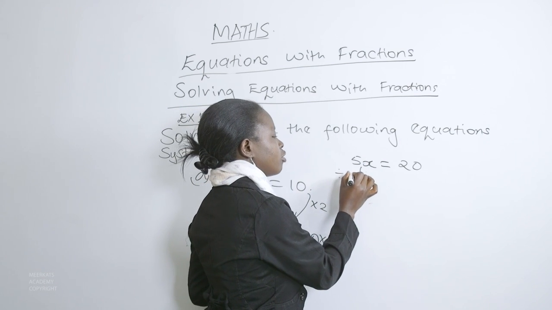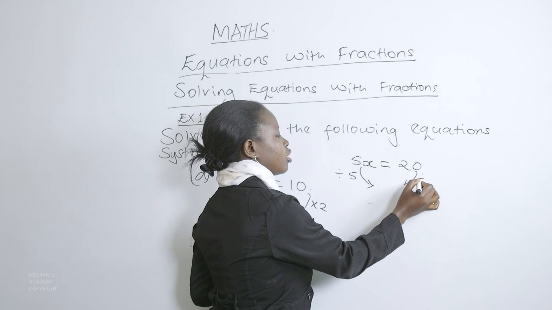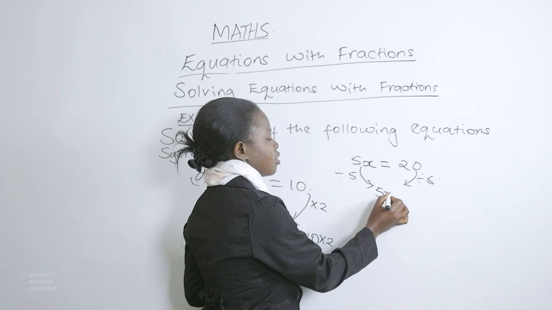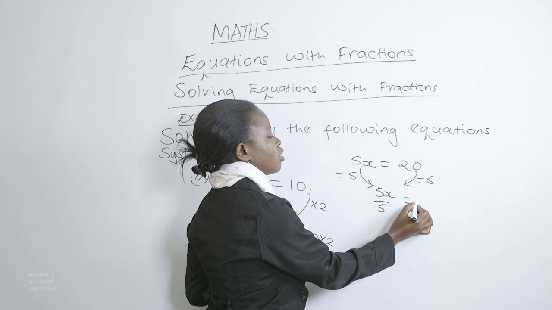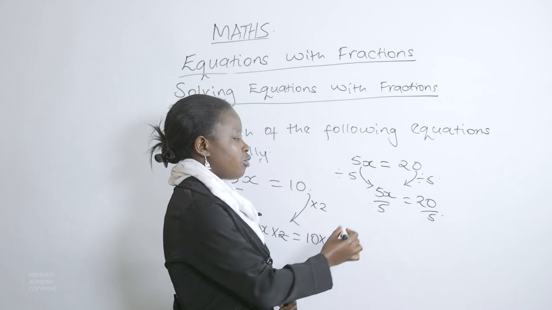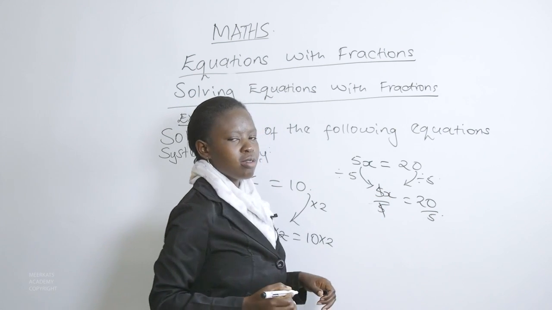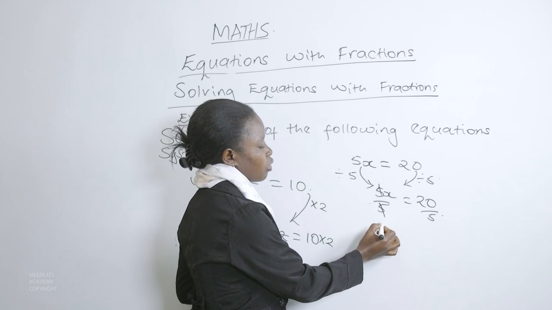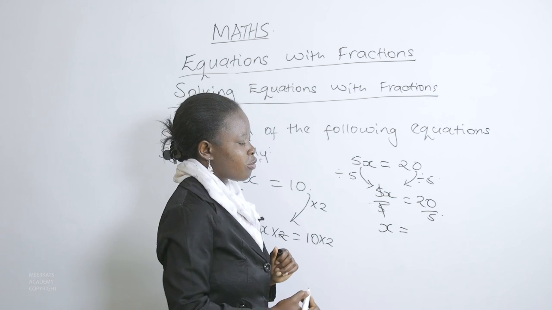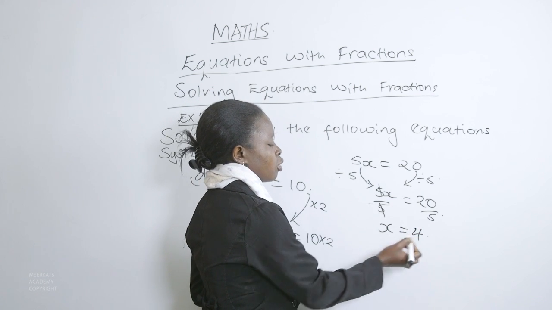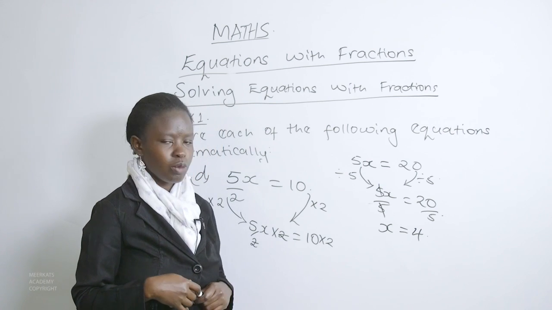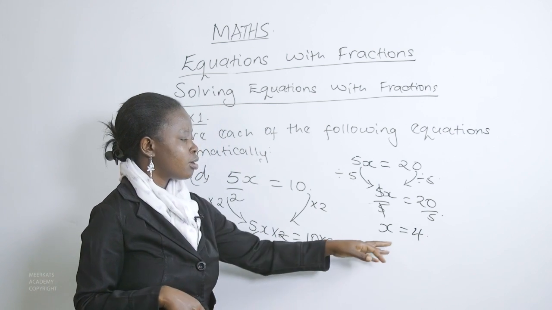So that we will have 5x divided by 5 is equal to 20 divided by 5. 5 and 5 cancel out, so that you are left with x is equal to 20 divided by 5, which gives us 4. So in this case, our value for our pronumeral, which is x, is 4.